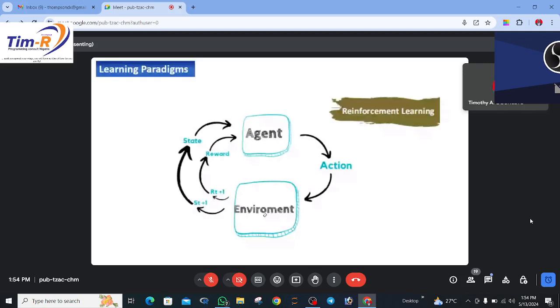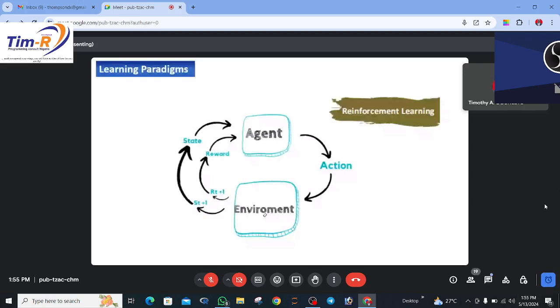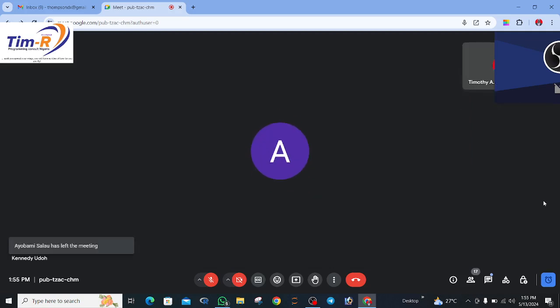The action of the agent will then make us say, okay, because you did it right, you have a reward, or several rewards. Based on that, I give you another task, you do it, and based on that, I give you another.